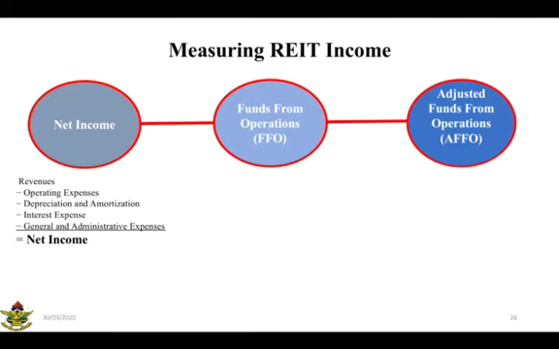Now, when we think of funds from operations, we are saying that it is a measure that has become widely accepted by analysts and investors, and more closely represents recurring income from property ownership for REITs than net income.